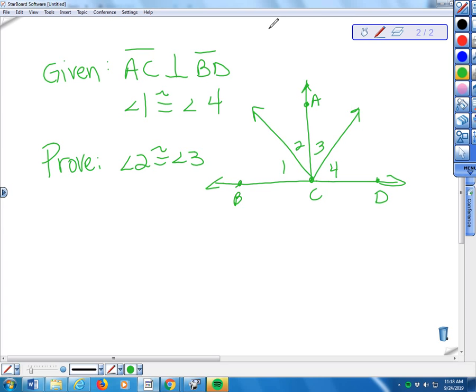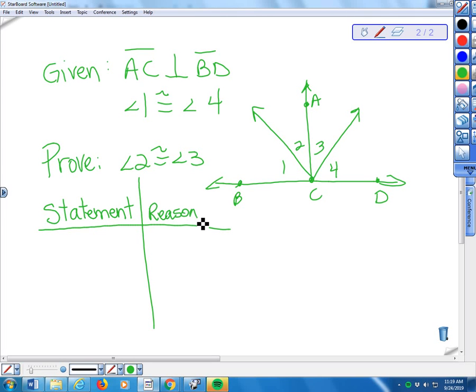How do you know they're bisected? Well, logically speaking, if angle 1 and angle 4 are congruent, and AC and BD are whatever that word was, because I forgot, then the line connecting angle 1 and angle 2 and the line connecting angle 3 and angle 4 are going to be at the same... I just don't know what the phrase is.